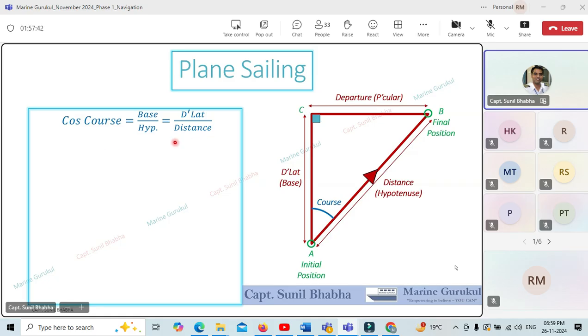So from this trigonometric ratio, we get our first formula. The distance from the denominator is taken to the other side, and the relationship converts to D-lat is equal to distance cos course. This is our first formula in plane sailing.